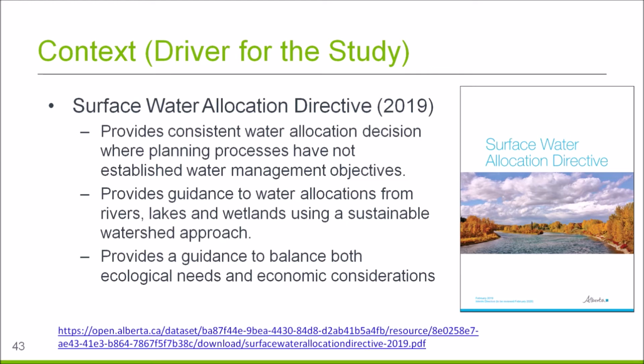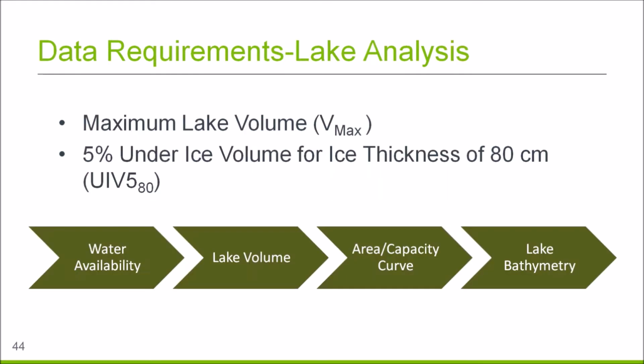Now, in order to do the work for the directive, I had to do a lot of applied research to find out how much water is actually available in lakes. The information that we needed for the directive is how much water is available in a lake. So that's the water availability, right? In order to know that, we have to know the volume of a lake.